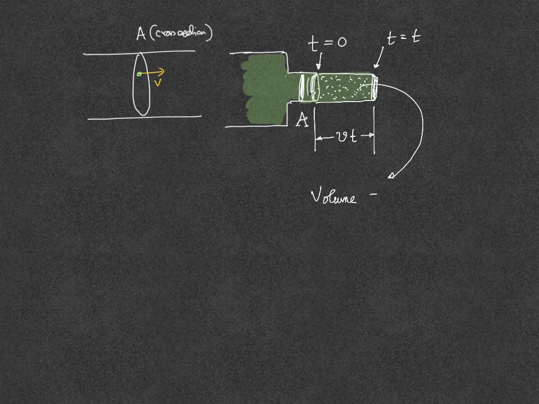Volume is equal to cross section into distance, A into V into T, because the toothpaste is approximately the shape of a cylinder. Now divide the volume by time. Time is T. So what you get? A V. So A into V is the volume flow rate.